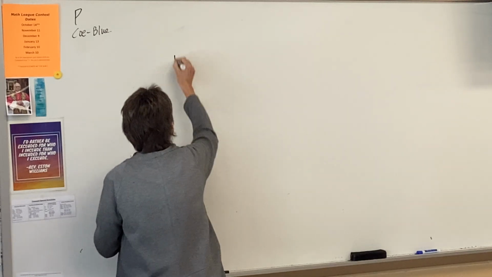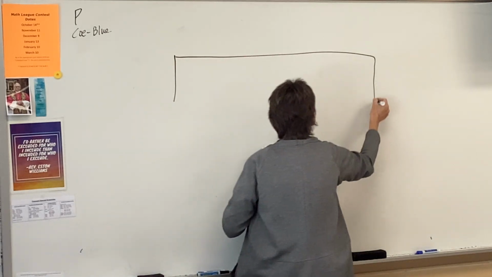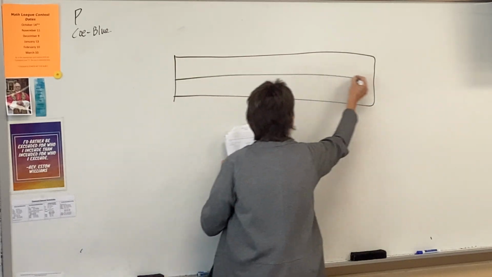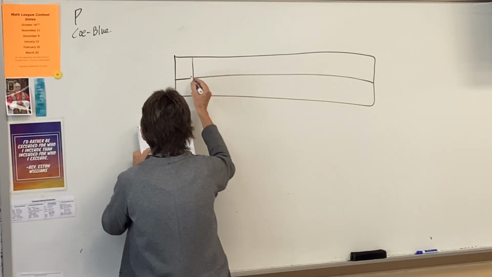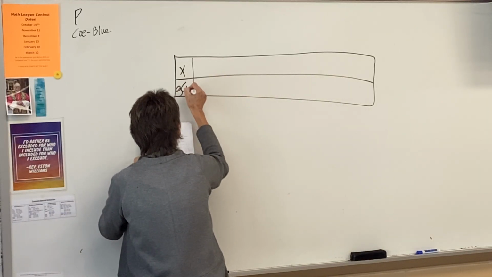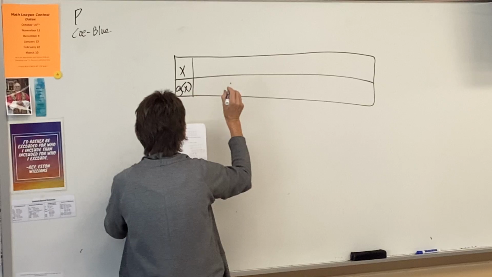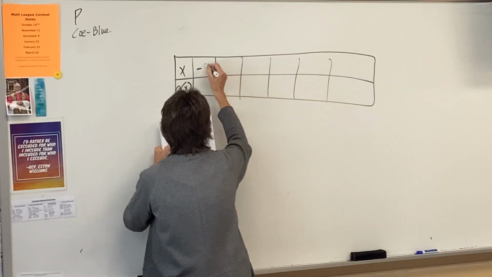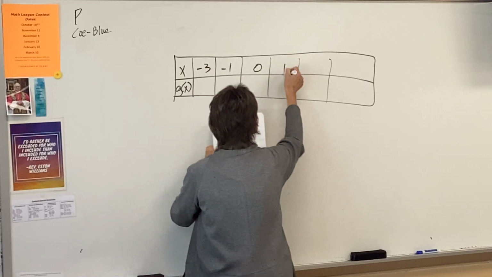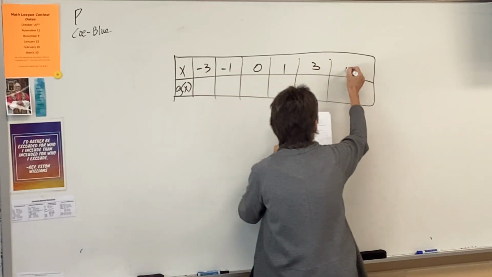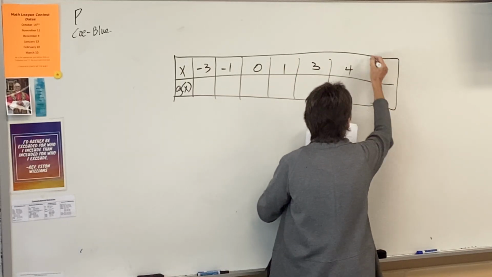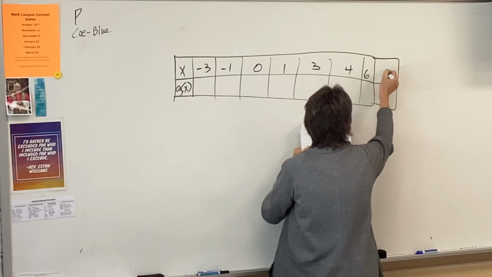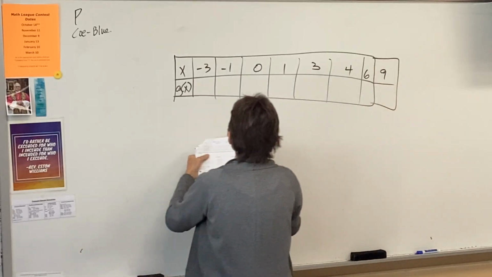Alright, so this is another one of these where we have a table of values, but the table is for function g. And then the question, make sure I copied this right.